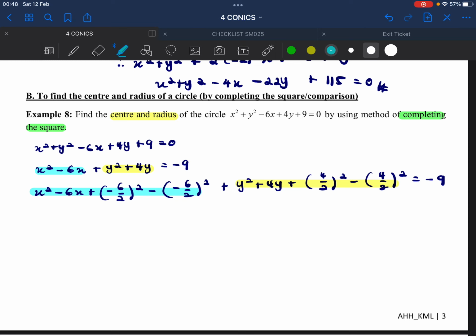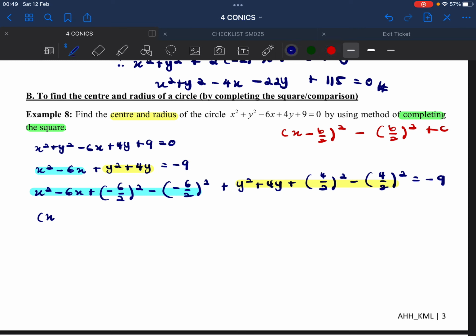So what we have to do here is write x minus b over 2, squared. Remember your formula for completing the square is x minus b over 2 squared, minus (b over 2) squared, plus c, whatever you have to add.